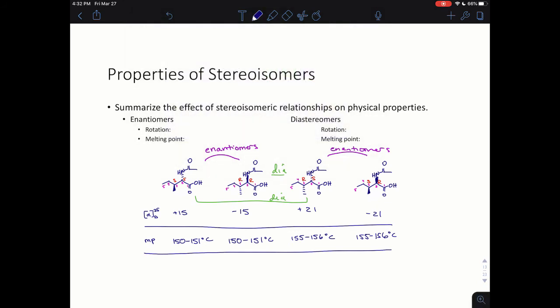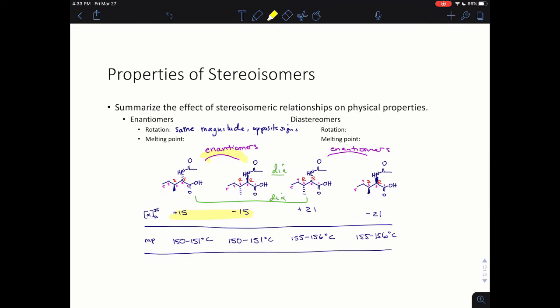So can we summarize the effect of stereoisomeric relationships on physical properties? Yes, we can. So for enantiomers, what do we see for optical rotation? Well, we see that 2 enantiomers have the same magnitude of optical rotation, but opposite signs. One rotates it counterclockwise and the other clockwise, as highlighted here with these 2 enantiomers, the SS and the RR.